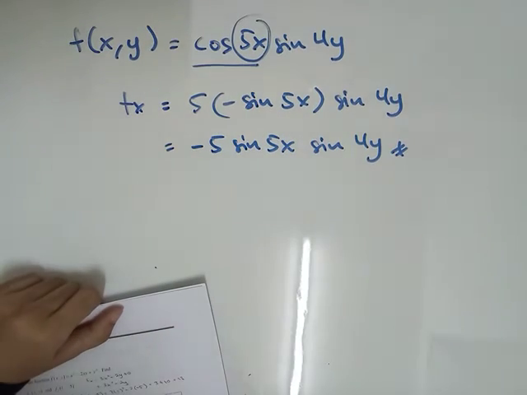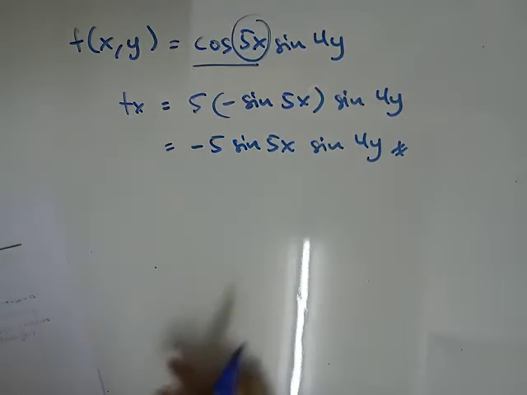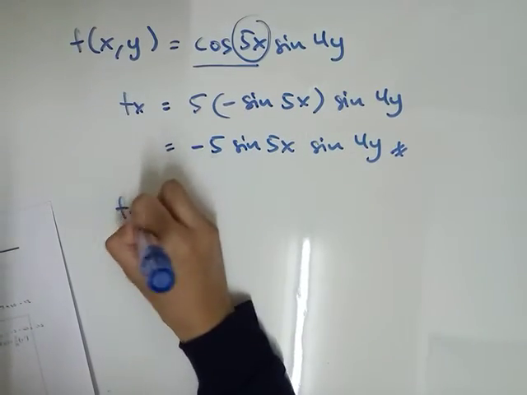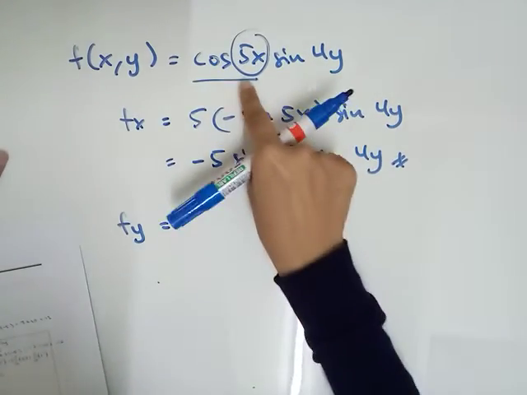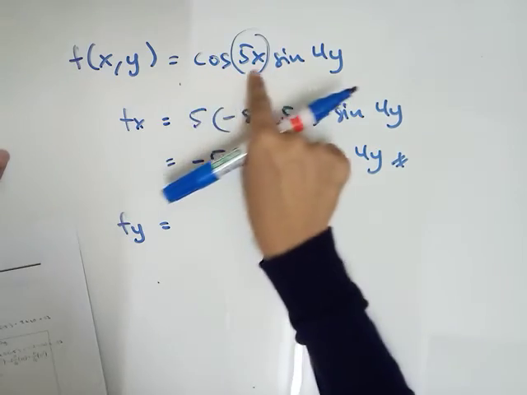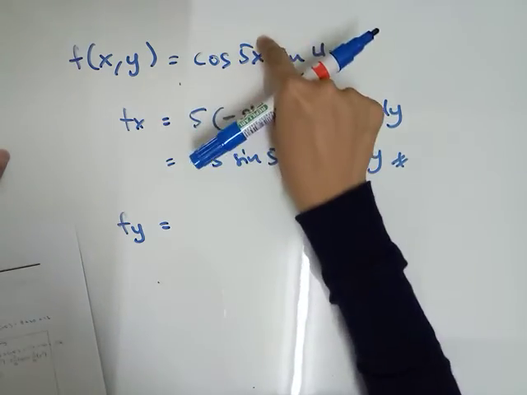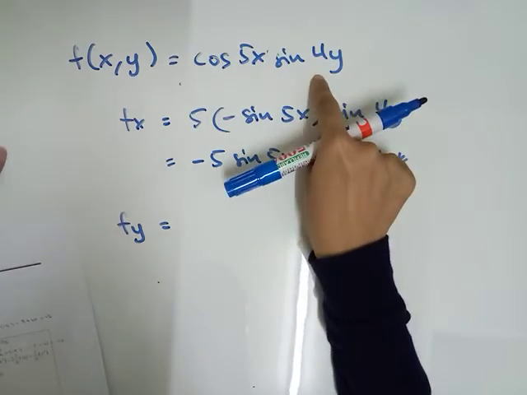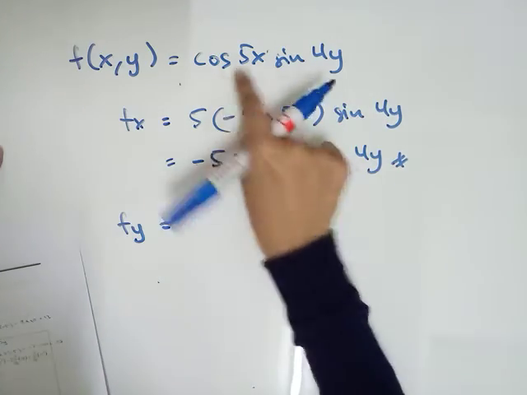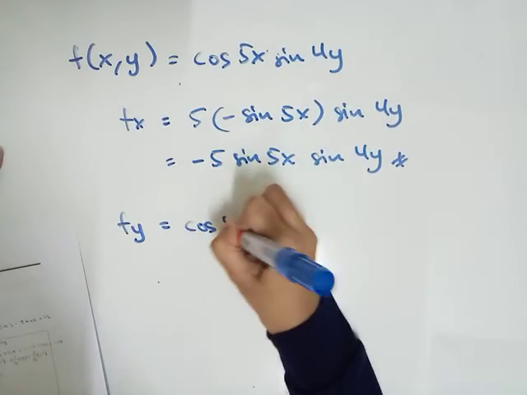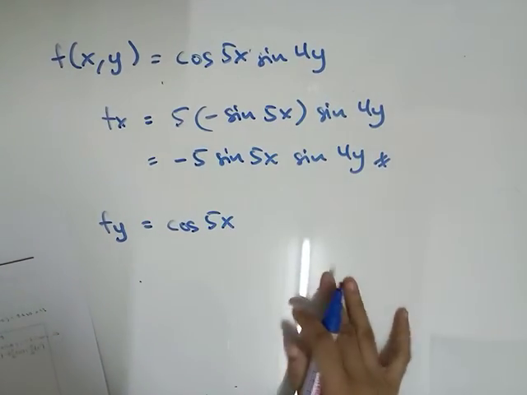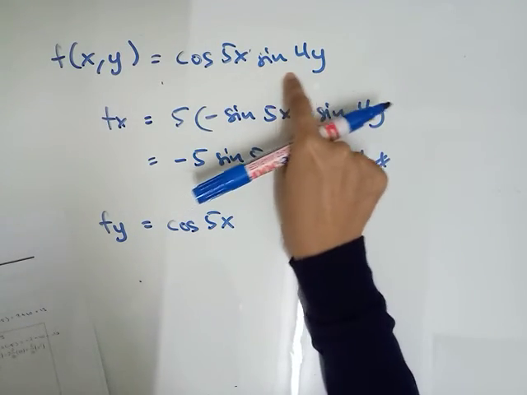Okay, what about the partial derivative with respect to y? So we assume the variable x is a constant. No need to differentiate. Only differentiate the variable of y. So cos 5x is fixed. So differentiate sin 4y.